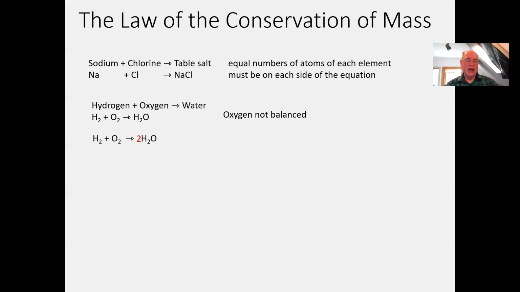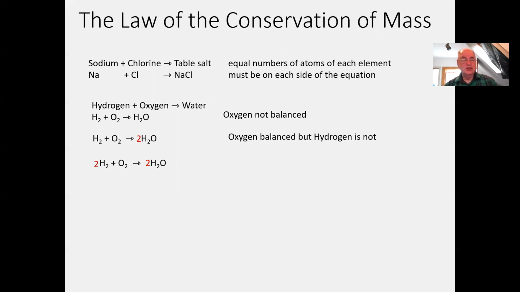Okay, then the oxygens are happy, but now the hydrogens are not happy. We've got only 2 hydrogens on one side and 4 hydrogens on the other. Well, not too hard. We simply put a 2 in front of the hydrogen. And if you take a look at that, that is a balanced equation, right? You've got 4 hydrogens on each side.